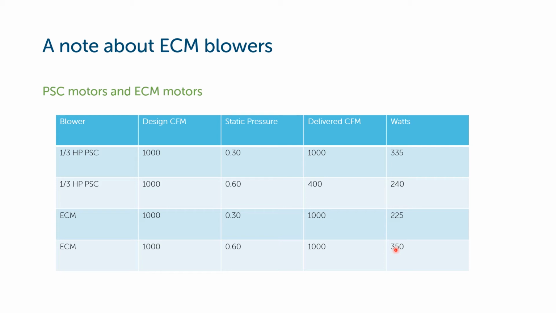And here's another thing we may want to consider: if we're using a ducted heat pump with a PSC blower motor, like say we put a ducted heat pump on an existing furnace that has a permanent split capacitor motor, and the blower is only delivering 400 CFM due to that 0.6 inch water column, the ability to move heat is cut by 60%.